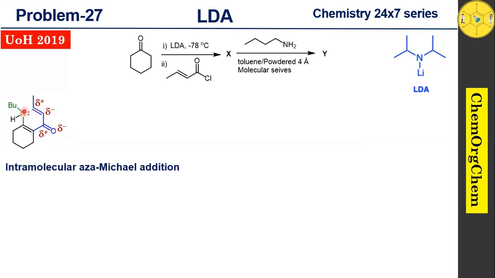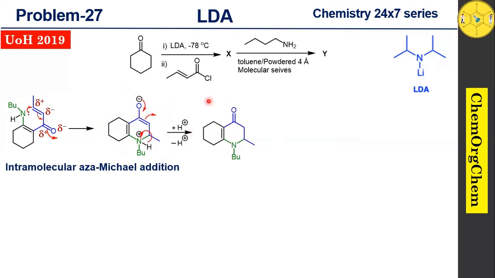Now you see this nitrogen is electron rich, which readily attacks this electron deficient center, then the electrons shift here and the pi electrons shift towards this oxygen atom, producing the corresponding intermediate. Now nitrogen gets a positive charge since the nitrogen lone pair attacked this carbon. Therefore, it will quickly lose this H plus, and the negative charge comes here and picks up that H plus to produce the corresponding product Y.